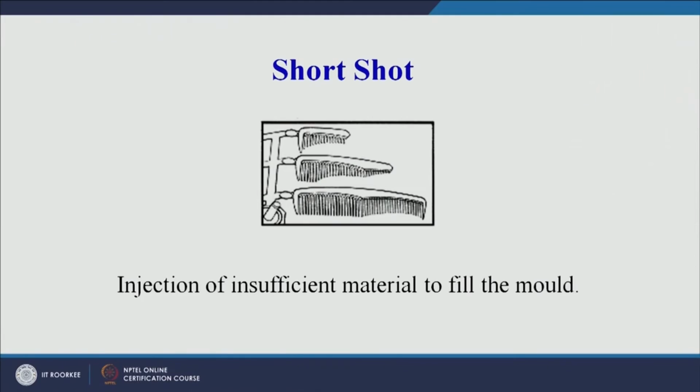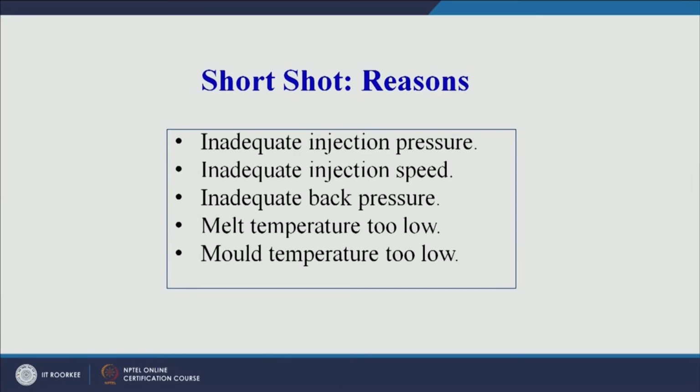Now the last type of defect that we want to cover today is the short shot, which we have covered earlier also. It is the injection of insufficient material to fill the mold. Now what can be the reasons? Inadequate injection pressure, inadequate injection speed, inadequate back pressure, melt temperature too low, mold temperature too low.